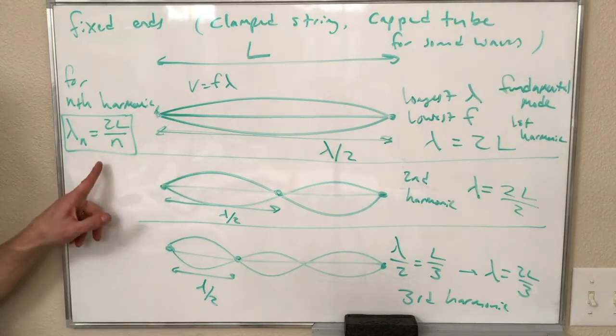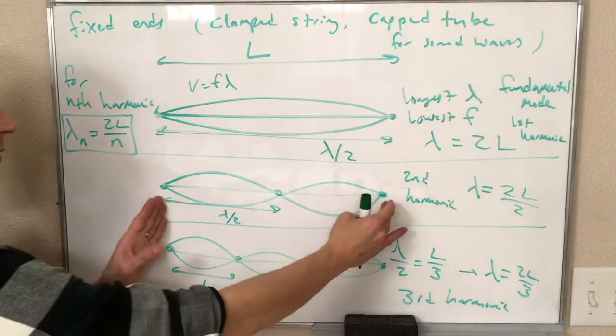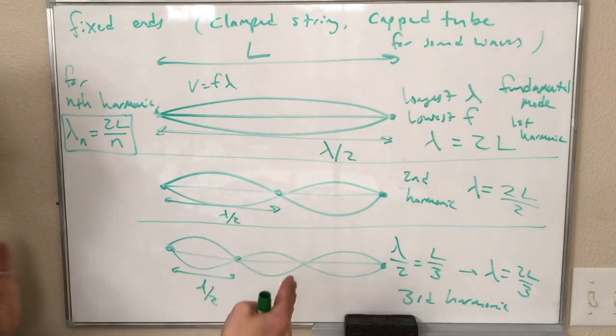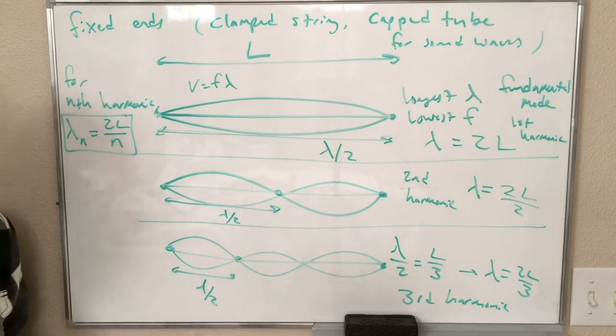And now this is only true for a system with both ends fixed. So in the case of a string with both ends clamped, or in the case of a tube where we're looking for sound waves, a tube with both ends capped.